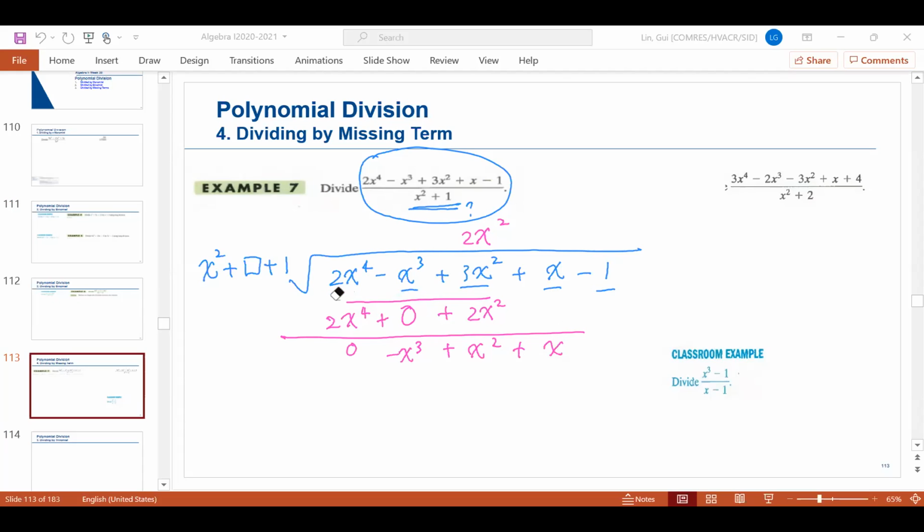Let me clean this part so it's clearer. We need to find negative x times this one, right? So negative x right here. Distribute to each of them, so you put a negative and distribute in each of them. So negative x power 3. Here is still 0, right? And here it became negative x, right?